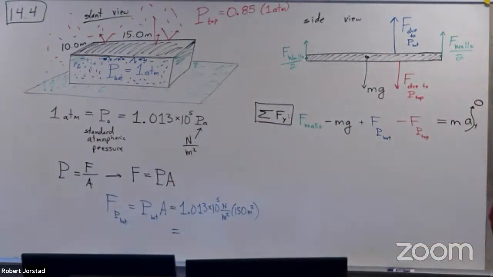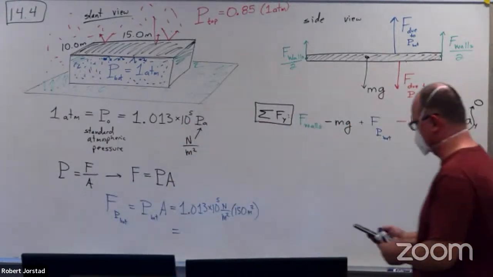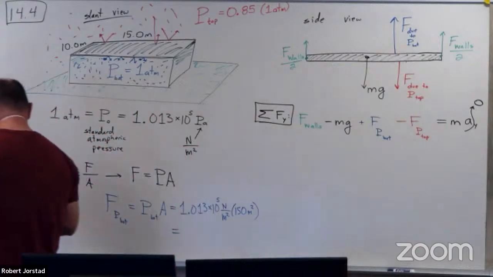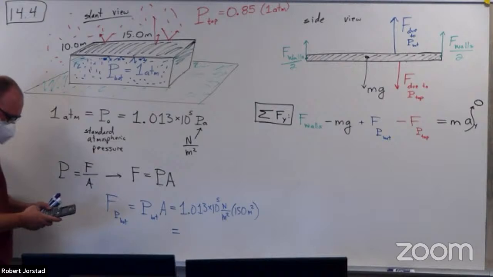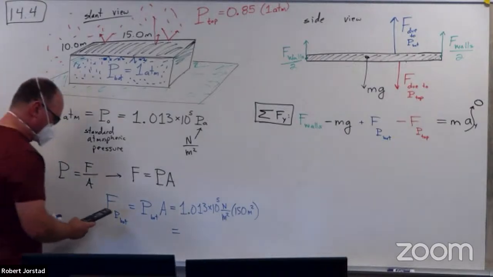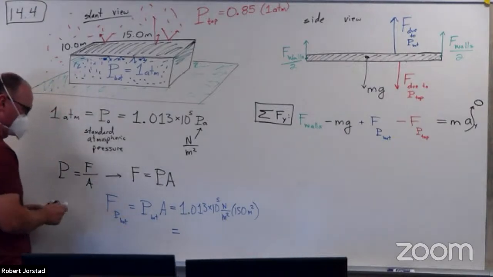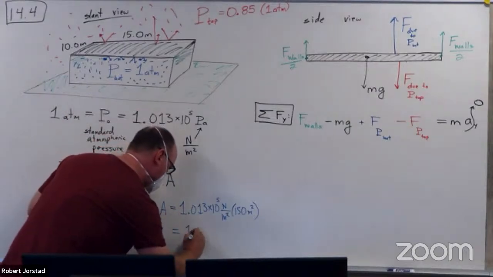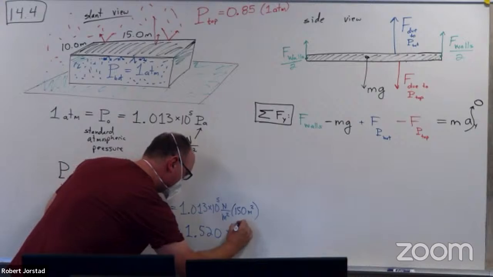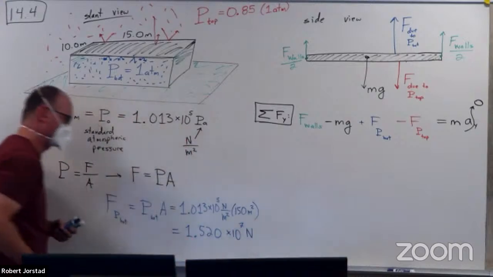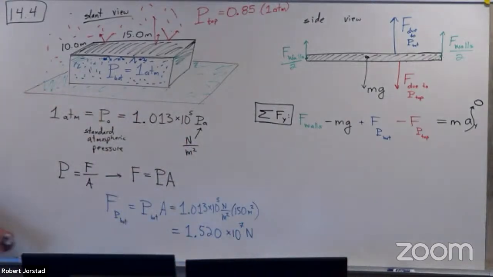Oh, there it is. 1.013 E5 times 150. 1.520 E7. 10 to the 7th newtons, approximately. 1.5 times 10 to the 7th newtons.